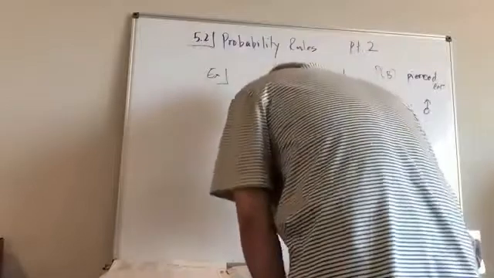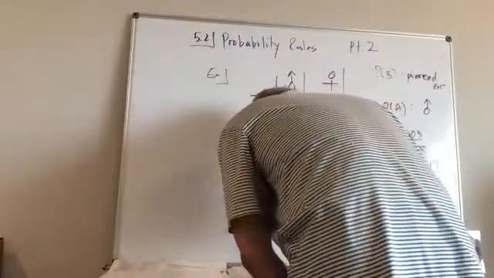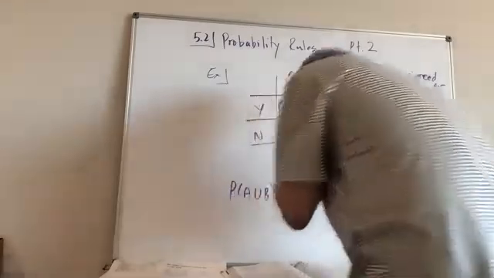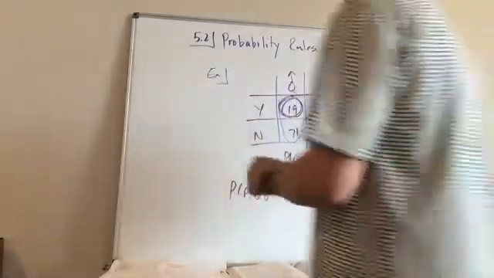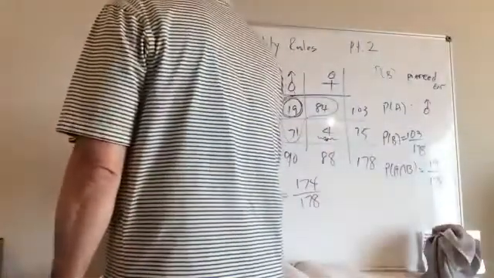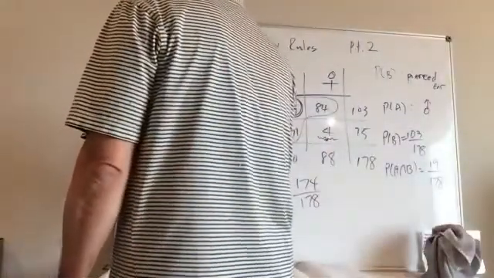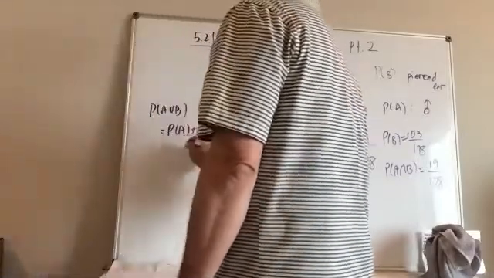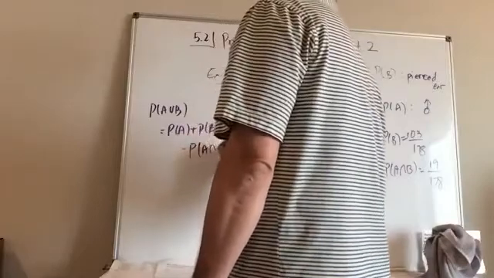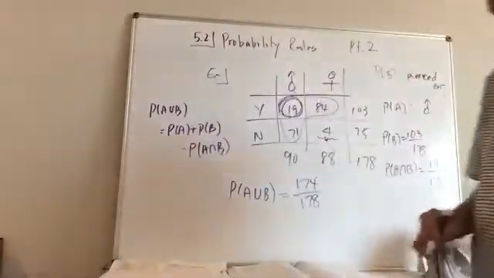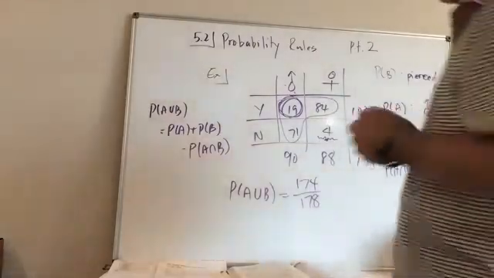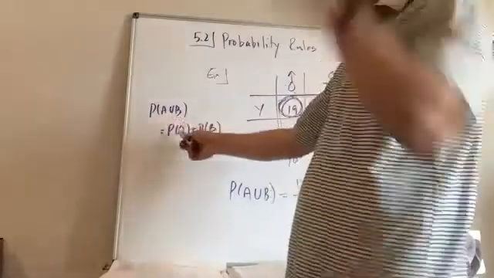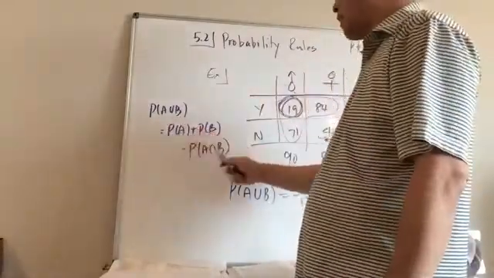All right. Okay, so now let's go ahead and see what the general addition rule is. The general addition rule is basically saying that P(A or B) is the same as P(A) plus P(B) minus P(A and B). So for P(A or B), I add the P(A) and I add the P(B), and then I subtract this guy.